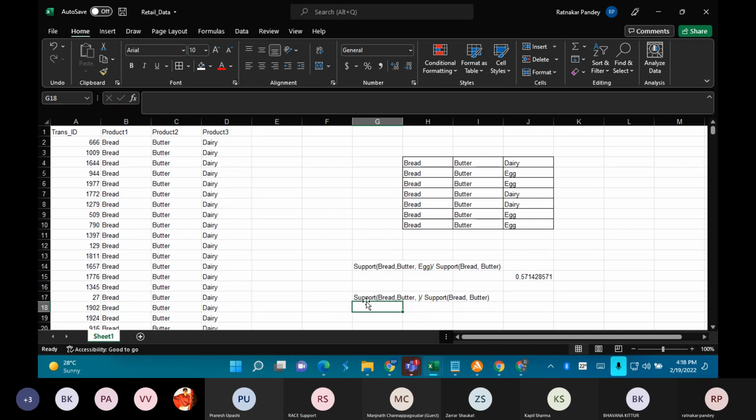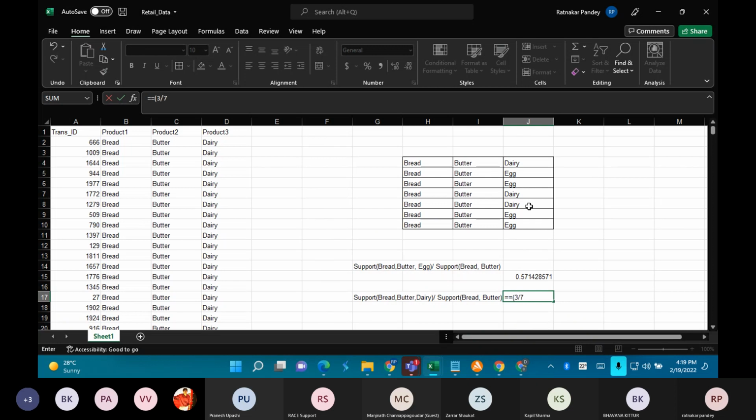Which will be the numerator? How many transactions where dairy was bought along with this? So that's 3 by 7, divided by 7 by 7.